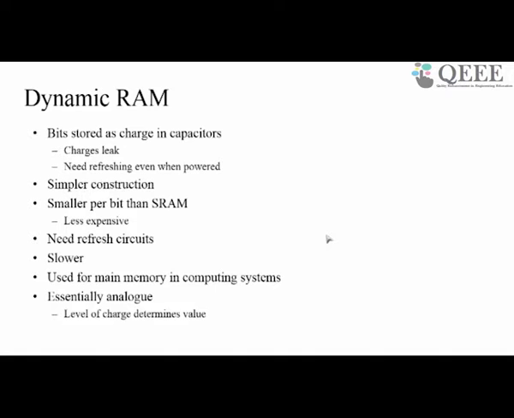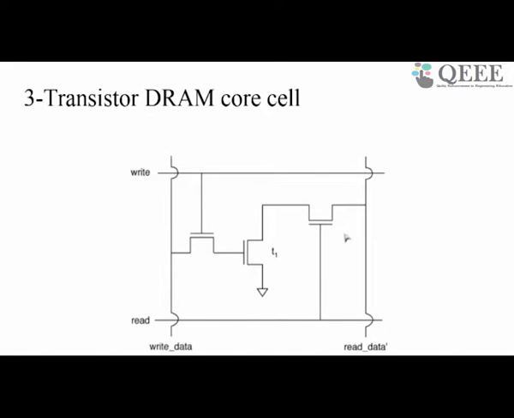But that trade-off is acceptable under certain conditions. DRAMs are slower, but they are mainly used to construct main memories of computers, whereas SRAMs can be used to build cache memories.